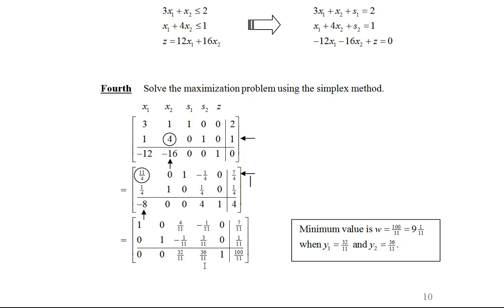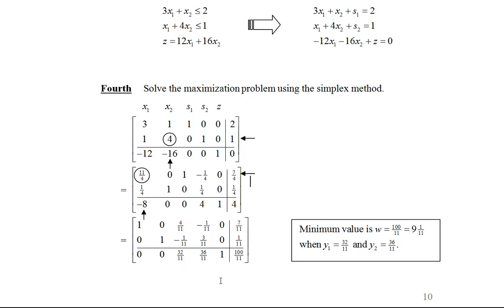Now, one thing I'll do to you on the test is I'll give you 2 problems, and I'll say this is the final tableau for a maximization problem, and you'll have to read me the solution. Another problem I'll do is this is the final tableau for a minimization problem.